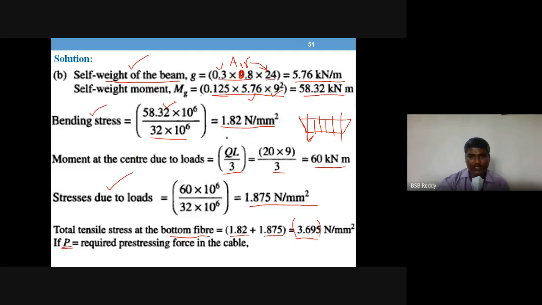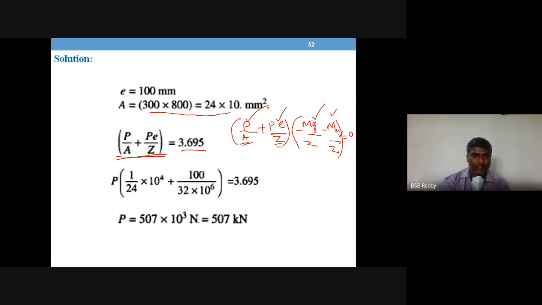That means MG by Z plus MQ by Z, if you add those two, it is 3.695. Okay, so P, take it out common, and 1 by cross sectional area, plus E by Z, equals 3.695 Newton per mm square.